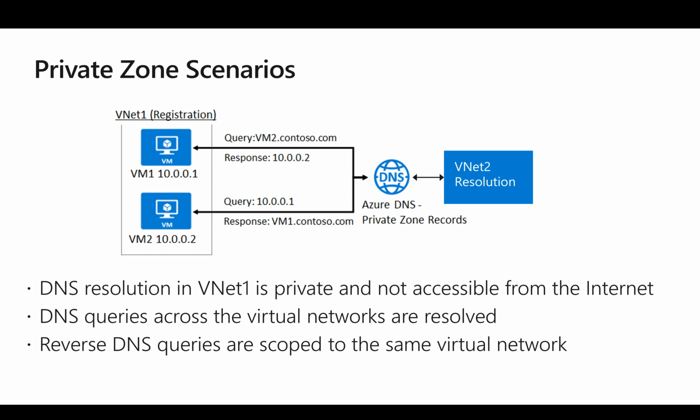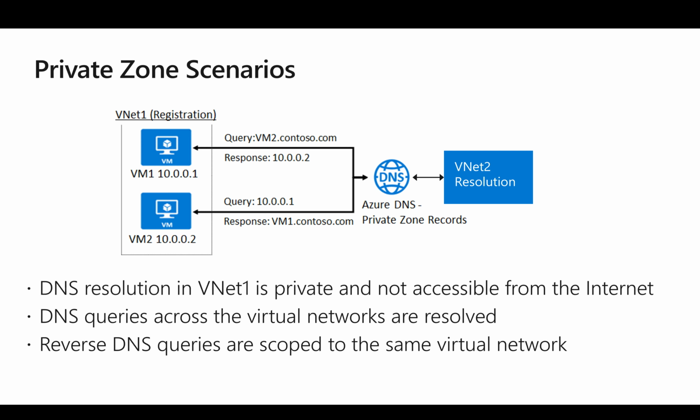In the resolution VNets, we can only query the DNS names, but we can't update them. And another thing to note is that the registration VNet supports both forward and reverse DNS queries.